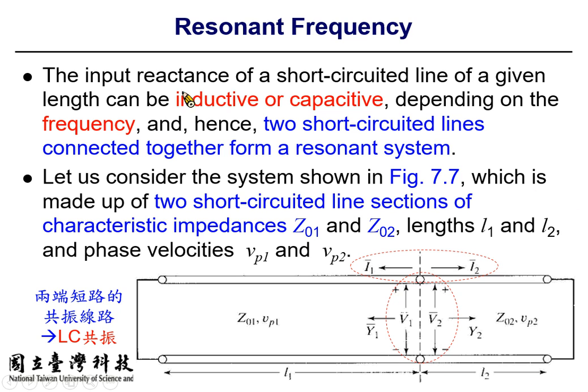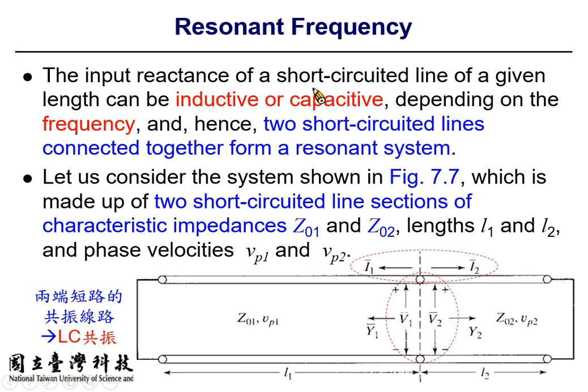Okay, the next thing is a little bit interesting. So see if you can figure out how it works. The input reactance of a short circuit line of a given length can be either inductive or capacitive.